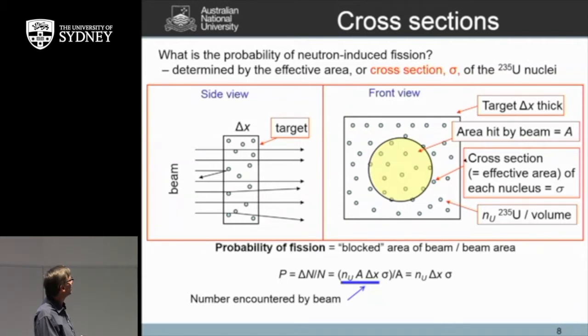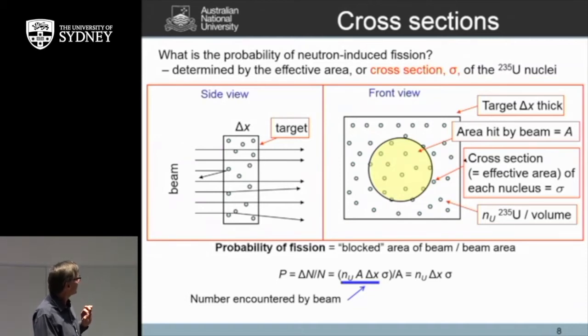We've got a thickness delta X. This is the side view. We look at it from the front. We see that the target contains these target nuclei that have an effective cross-sectional area. So it represents the effective area to the incident neutrons.